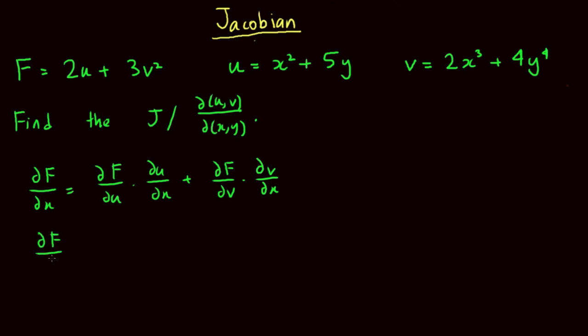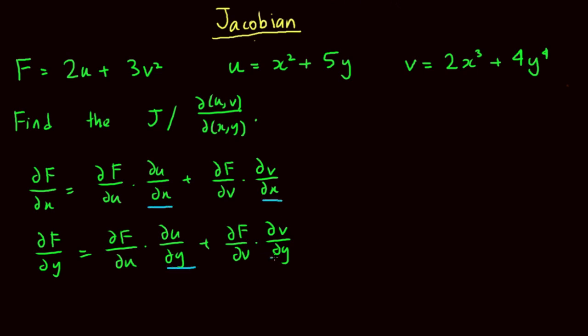And del f over del y is equal to del f over del u times del u over del y plus del f over del v times del v over del y. Okay, so if we take these four parts, this one that I'm underlining, then obviously from here you can easily get the Jacobian. Okay, so sorry, let me use the green color. You can easily get a Jacobian, which is simply ux, uy, vx, vy. Okay, it's just straightforward, very simple.